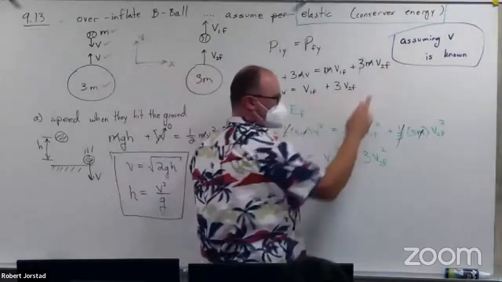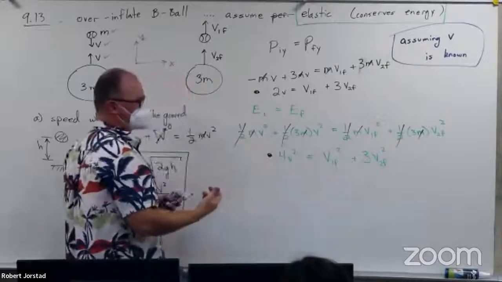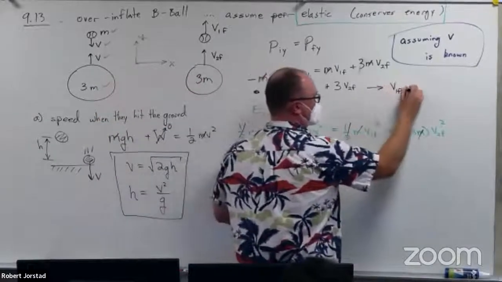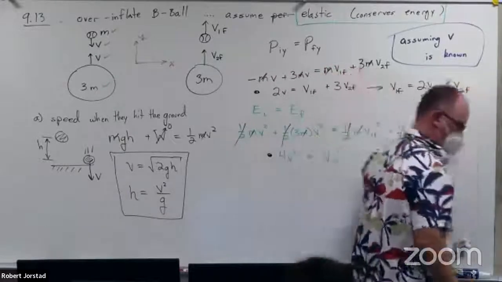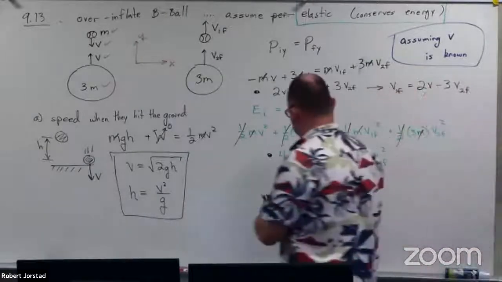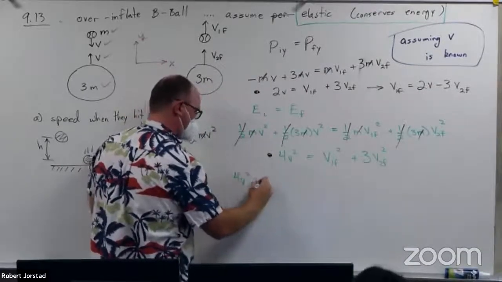V is the thing that we're pretending we know. So what's one of the other things that's easier to get rid of? V1 final equals 2V minus 3V2 final, right? Yep, I can plug that in here. Let's do it. Race you.